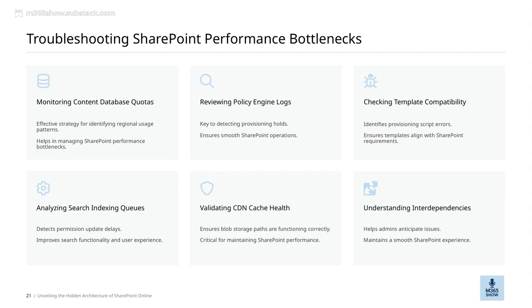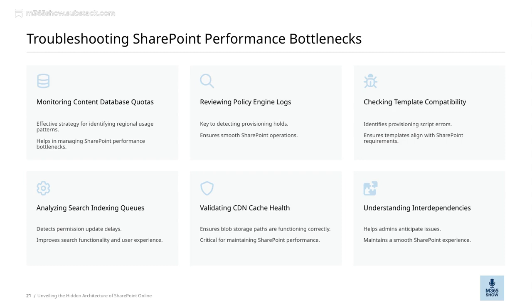Checking template compatibility is also critical. If templates aren't fully compatible, provisioning can get held up, leading to operational hiccups. Ensuring smooth template deployment keeps SharePoint running efficiently. Reviewing policy engine logs helps us identify regional usage patterns and potential bottlenecks specific to certain areas. This insight enables us to manage performance more proactively across different regions.